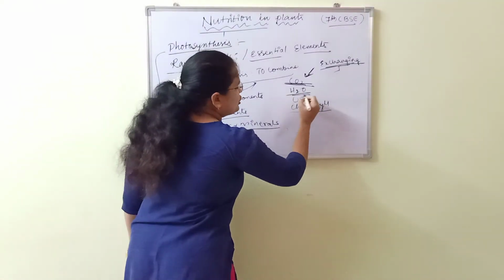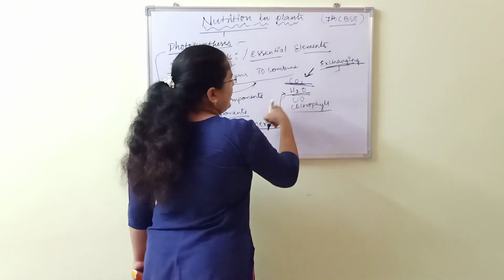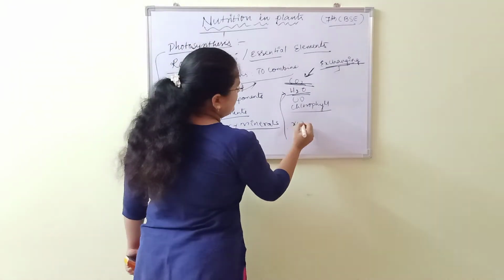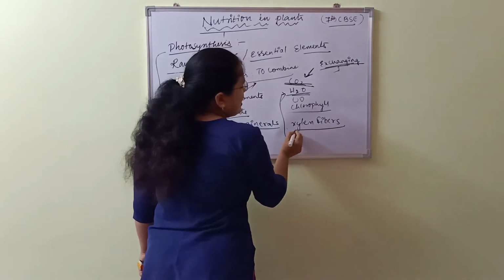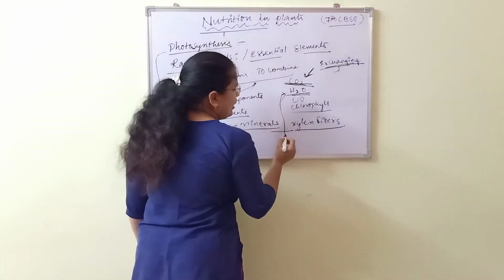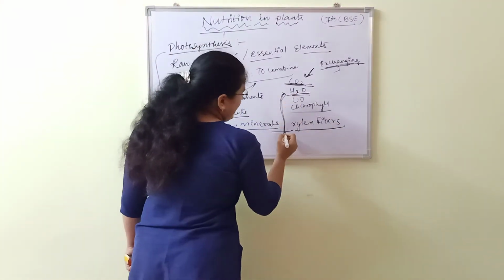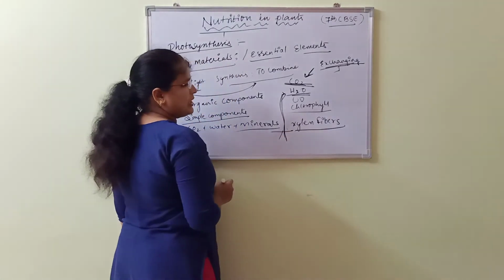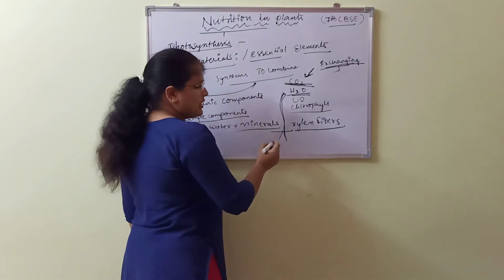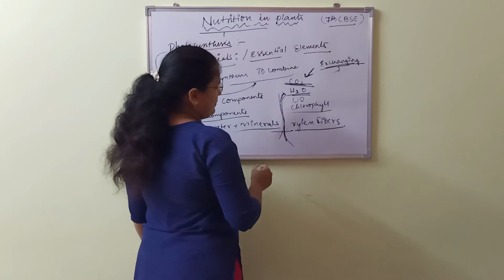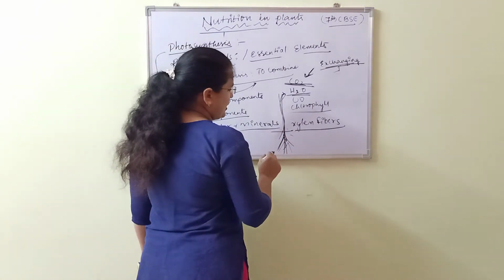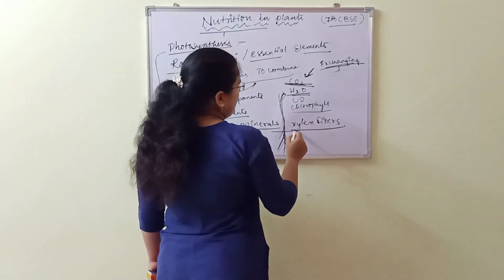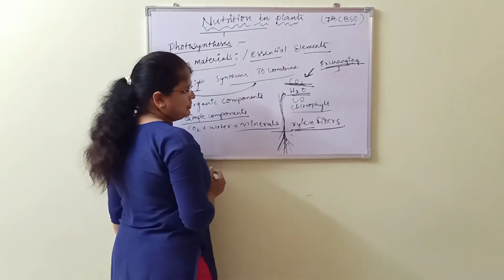From the roots, the plant gets the water and minerals, which are passed to the leaf by the xylem fibers, present from the root to every part of the body.